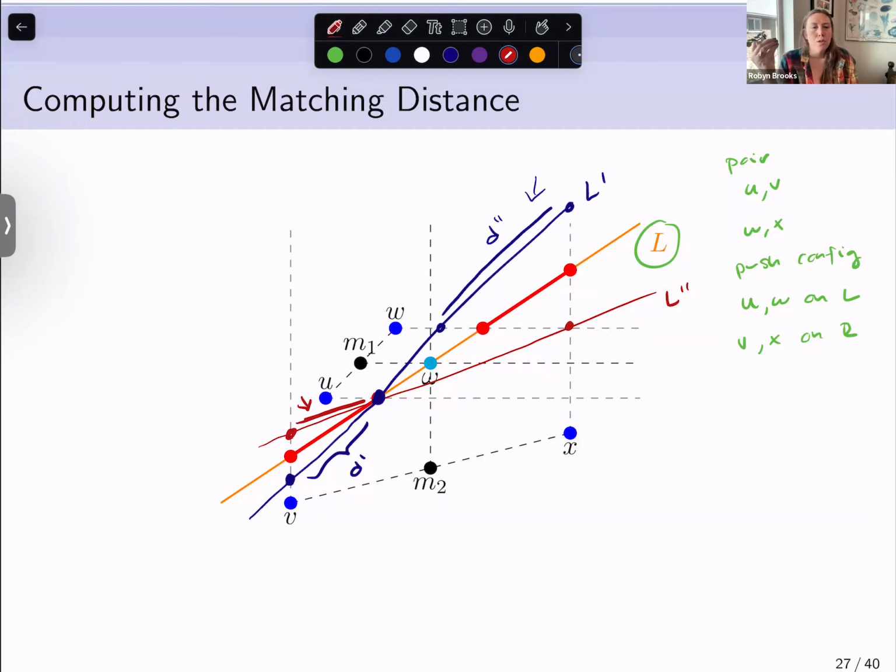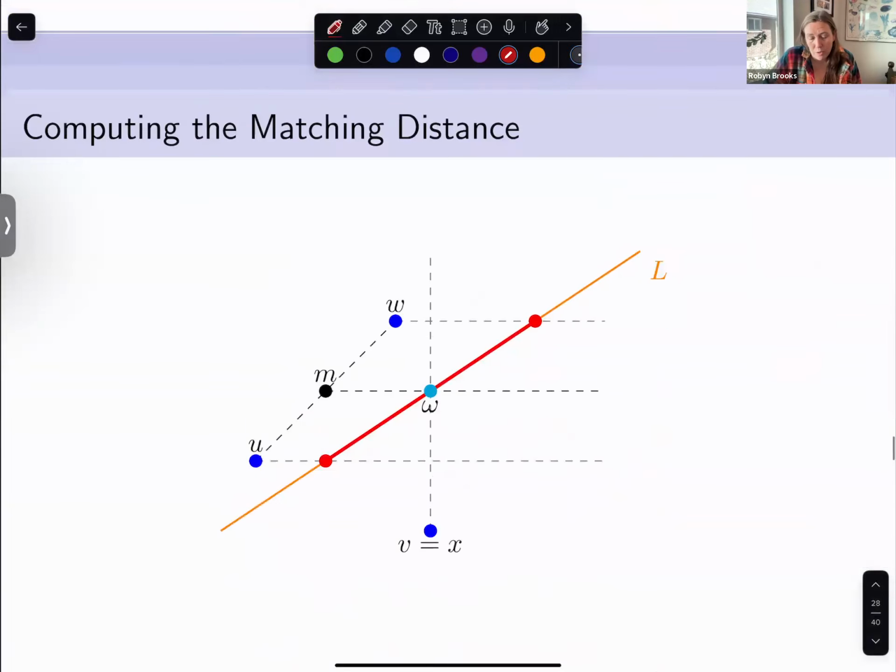So this is what's happening. If we rotate down through here, we go L prime, L, these matchings have the same cost, and then I go to a place where the cost of matching UV is more than W and X. Okay, cool. So we obtain this omega point from a quadruple, U, V, W, and X.